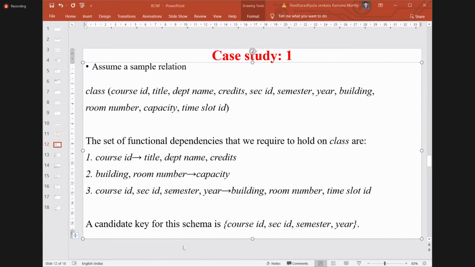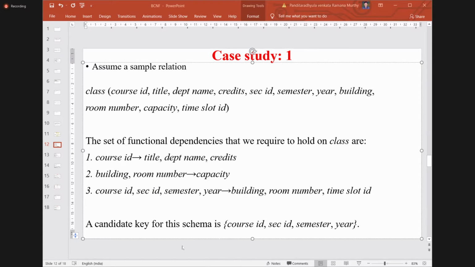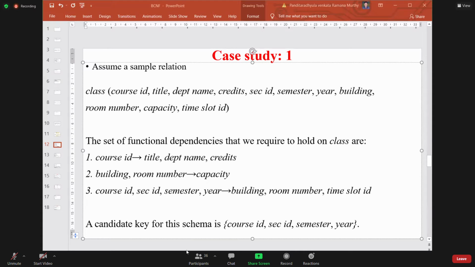Now we need to identify, are there any functional dependencies in this particular class? What functional dependencies can we identify? There is an association between course ID, title, department and credits.